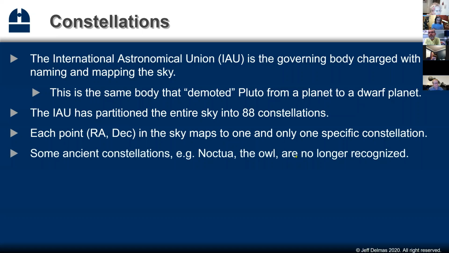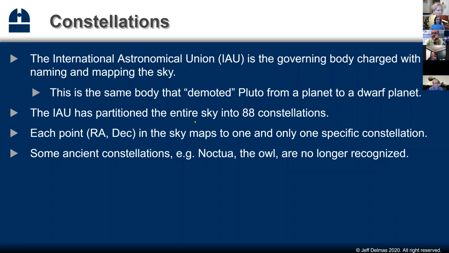So mathematically, the constellations make up a complete partitioning of the sky.